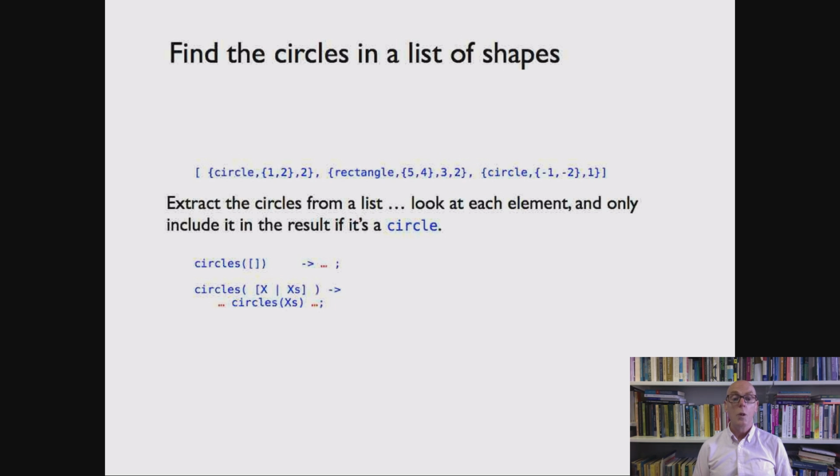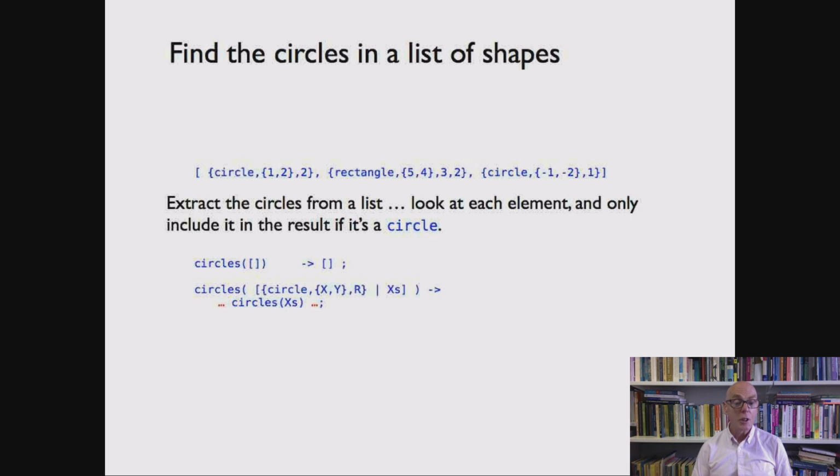So, what do we do here? Well, if we've got a list with nothing in it, then there are no circles in there, so the answer is an empty list. What about the general case? Suppose we've got circles of x's. What is circles of x cons x's? Well, it depends on whether that first element x is a circle or not.